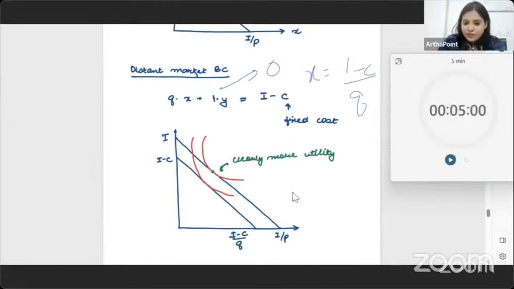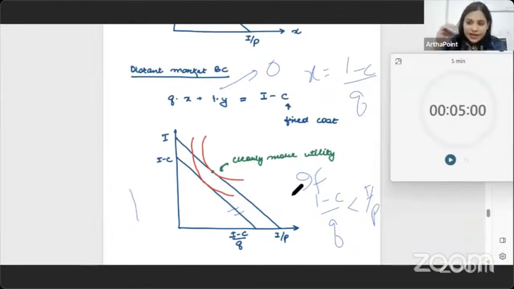Beta, if I am taking case 1, if I assume that I minus C by Q is less than I by P, then the budget line of the other market is interior, that is internal to the earlier budget line.